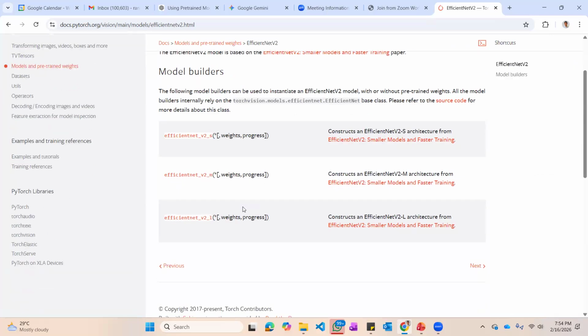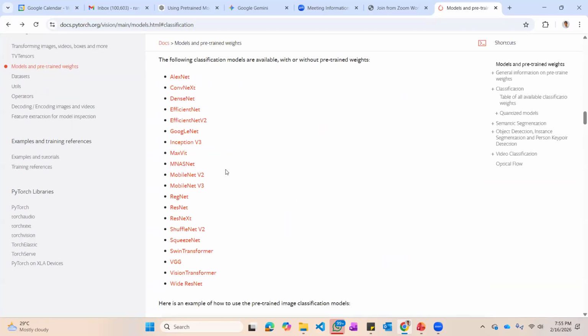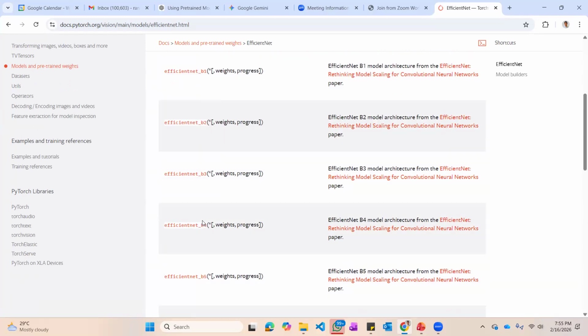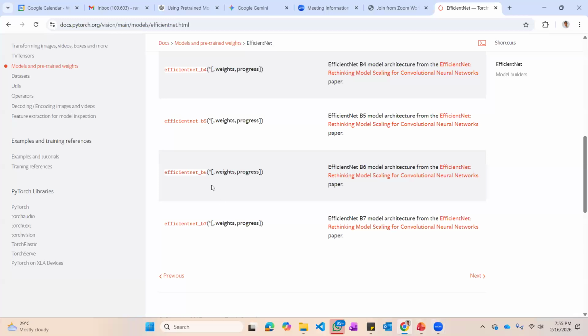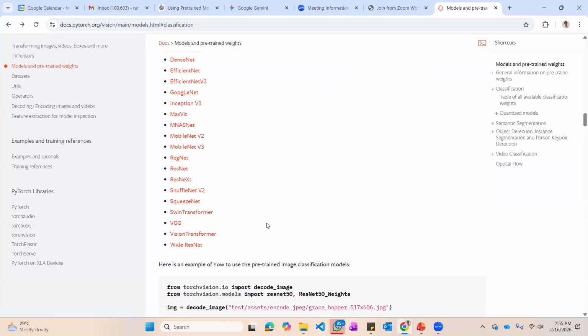So small, medium, and large, all these things are there. So regular EfficientNet, you can see that one has B0, B1, B2, B3, B7, and so on, which I showed in the slides. I do not know about EfficientNet V2, I'm sorry. So you can see then MobileNets, they are good for small ones. So you have to have some idea about these things.